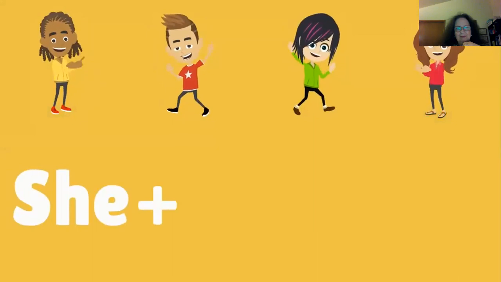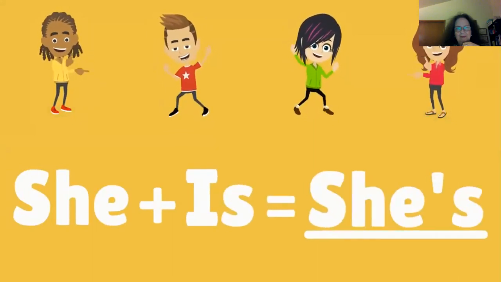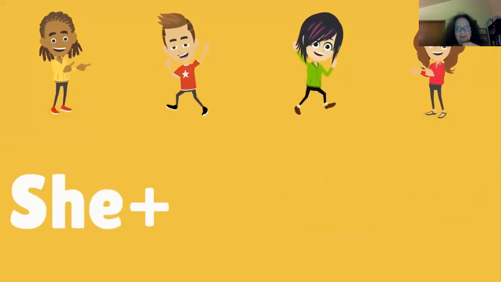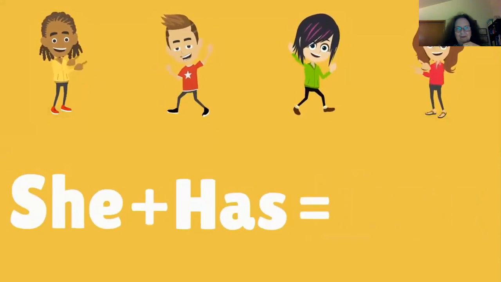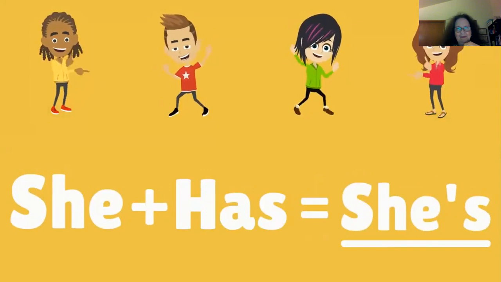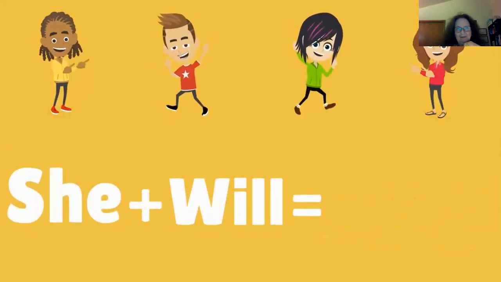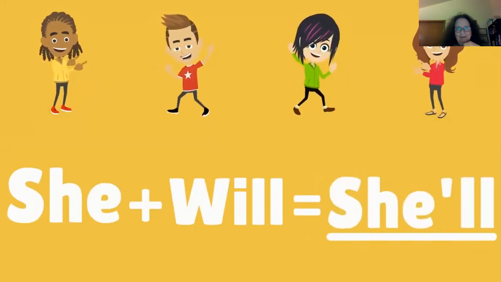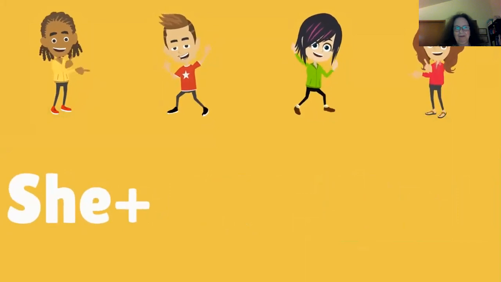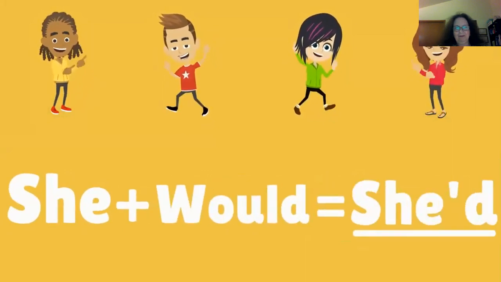She plus is equals she's. She plus has equals she's. She plus will equals she'll. She plus would equals she'd.